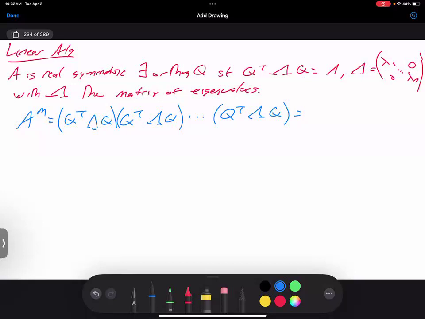So what do we notice when we do this multiplication? Q transpose Q is the identity. So this becomes the same as Q transpose lambda to the n Q.